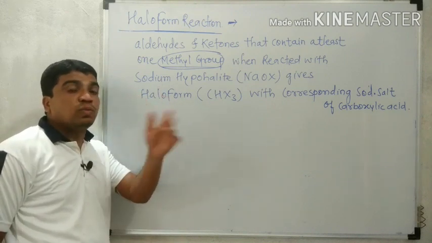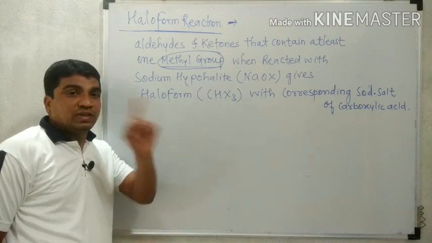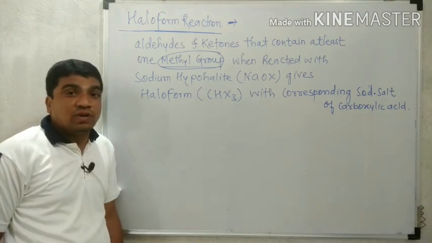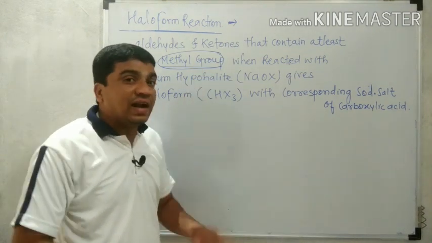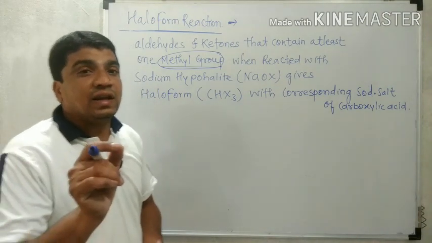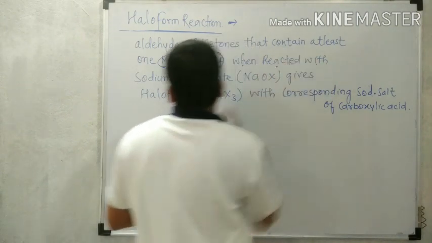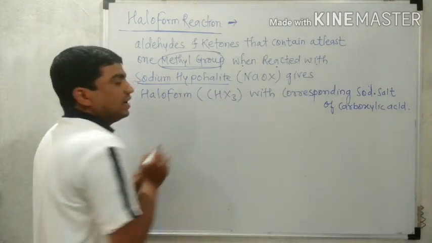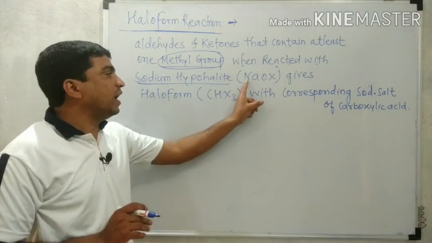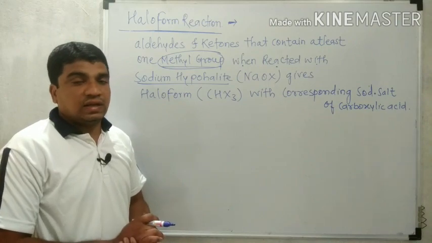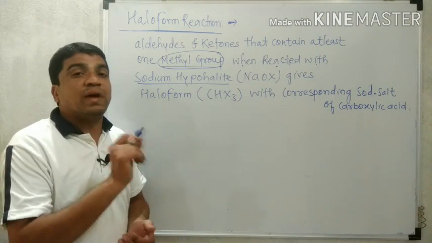The haloform reaction can be shown only by aldehydes or ketones that contain at least one methyl group directly attached to the carbonyl carbon, not for all aldehydes and ketones. When such an aldehyde or ketone reacts with sodium hypohalite, formula NaOX, here O is oxygen, therefore hypo, and X is halogen, hence sodium hypohalite.